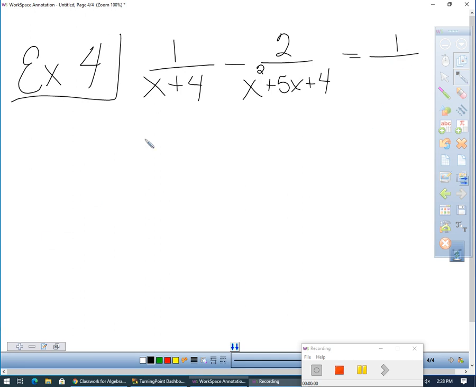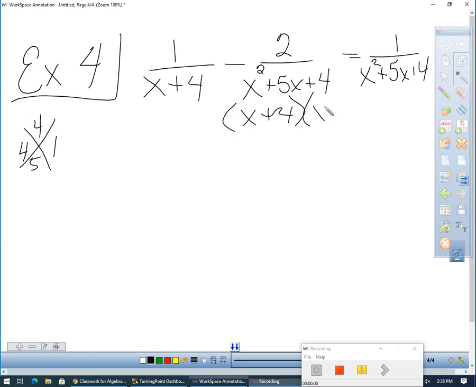You have to do 1 over x squared plus 5x plus 4. Alright, so first we have to factor everywhere. 4 on top, 5 on the bottom. Positive 4 and positive 1. Alright, so I have x plus 4 and x plus 1. This is exactly the same thing. That one's x plus 4 and x plus 1.